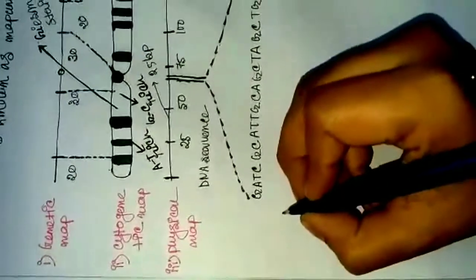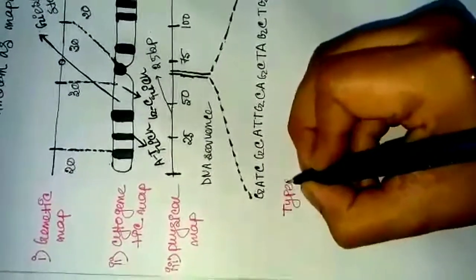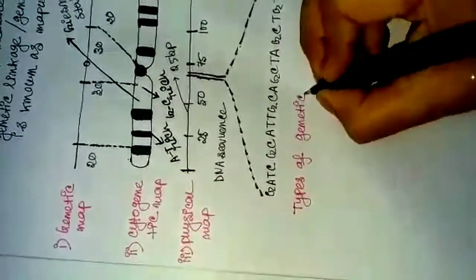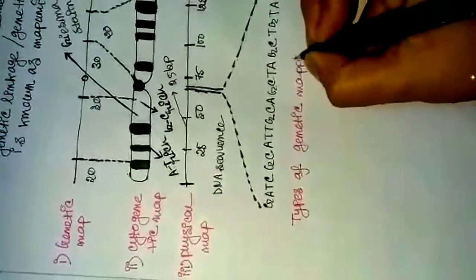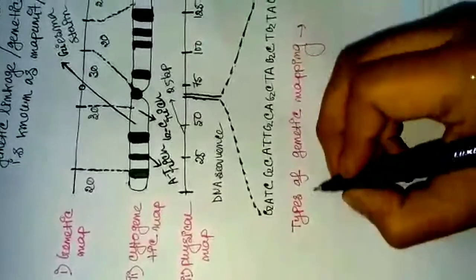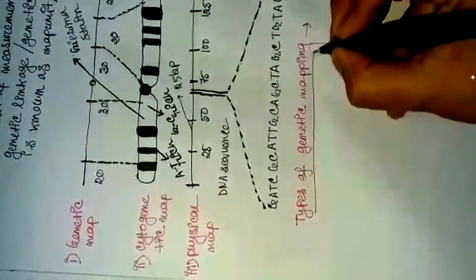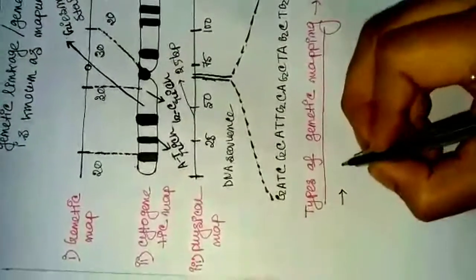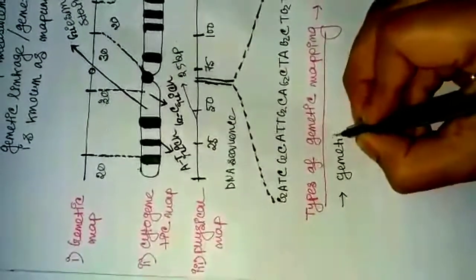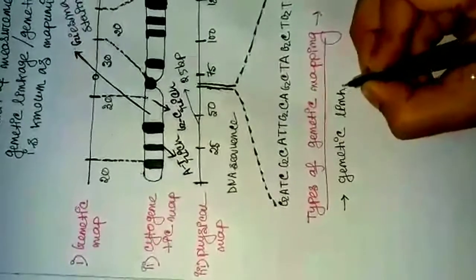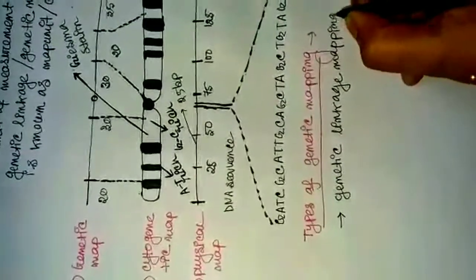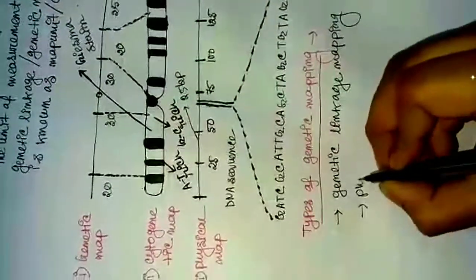Now the types of genetic mapping. Okay. So there are mainly two types of genetic mapping. Okay. The first type is genetic linkage mapping, and second one is the physical mapping.